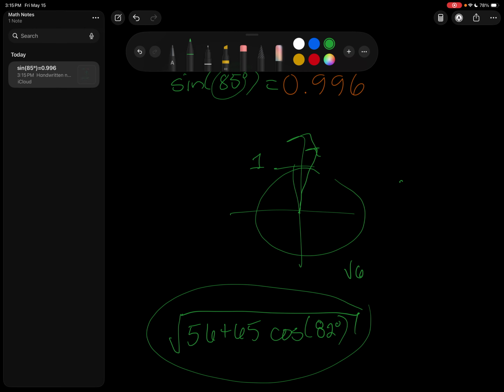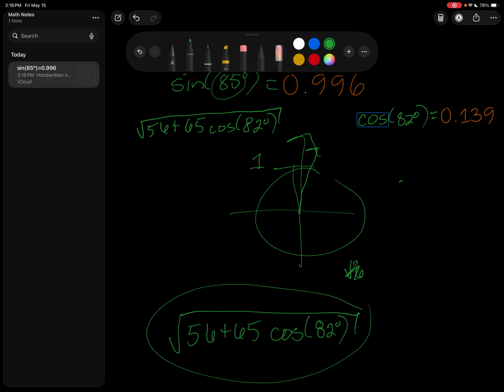Square root of 56 plus 65 cosine of 82 degrees. Well, come on, dude. Oh, I did that. What about this? Alright.